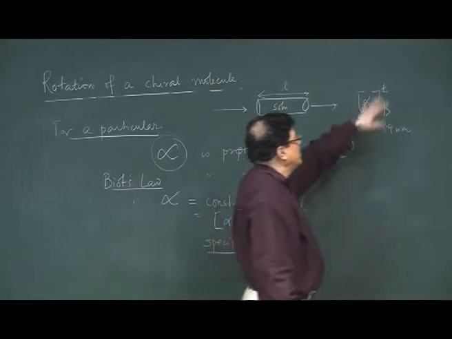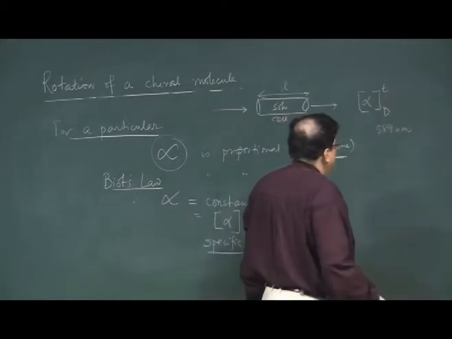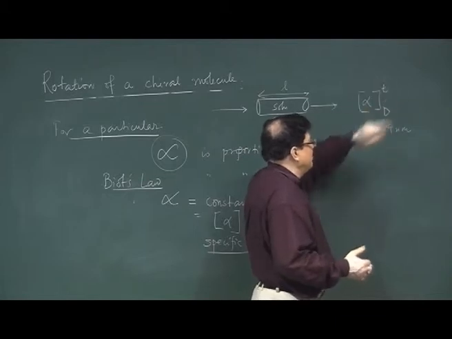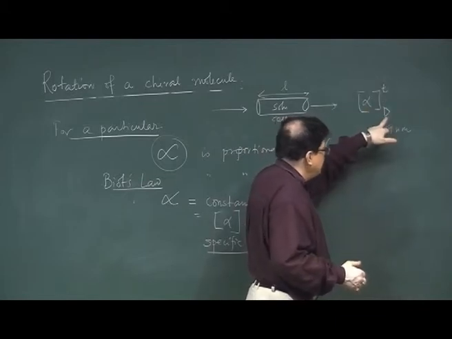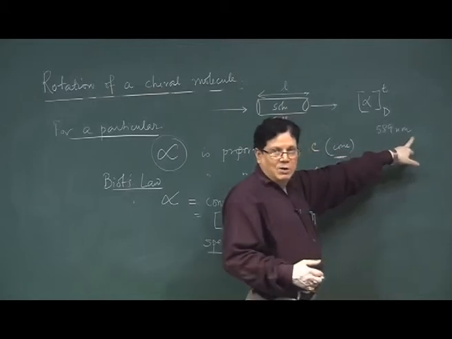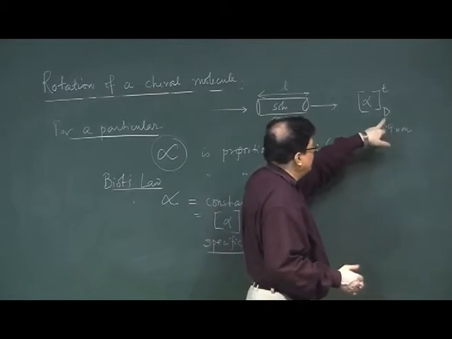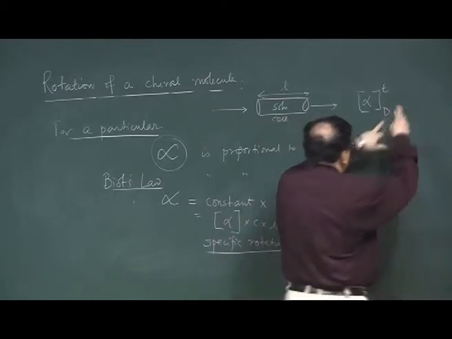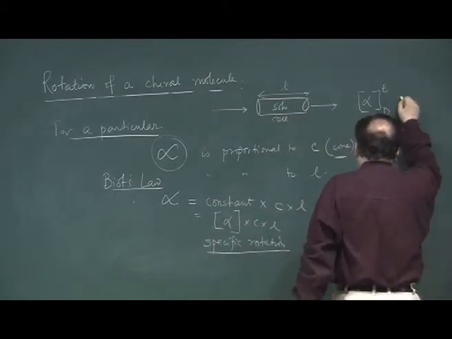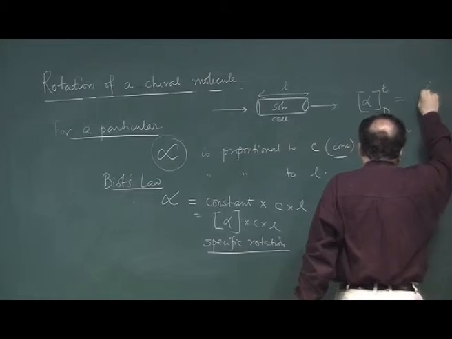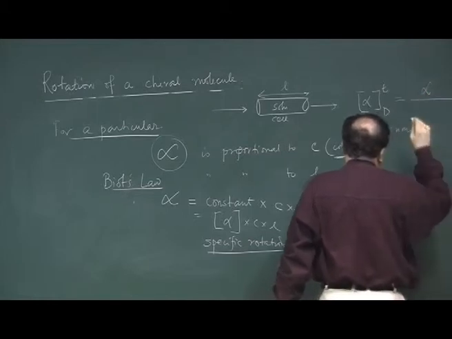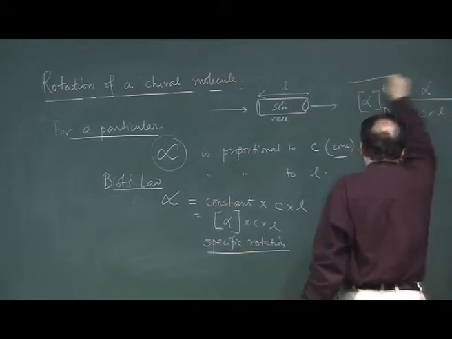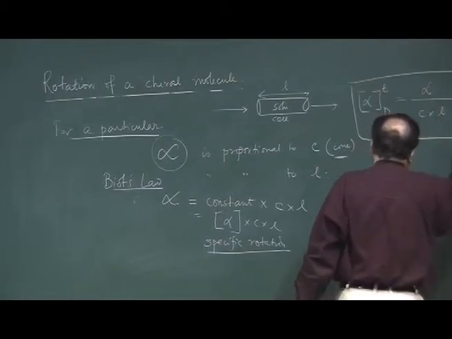Normally we measure it at 25 degree centigrade, but if you measure it at another temperature, one should mention the temperature. I write here D because D is 589 nanometer. You do not have to write 589, you just write D, that is the wavelength of the sodium lamp, and this is the temperature. So, that will be equal to the rotation that you observe divided by C times L. So, this is how you calculate the specific rotation.